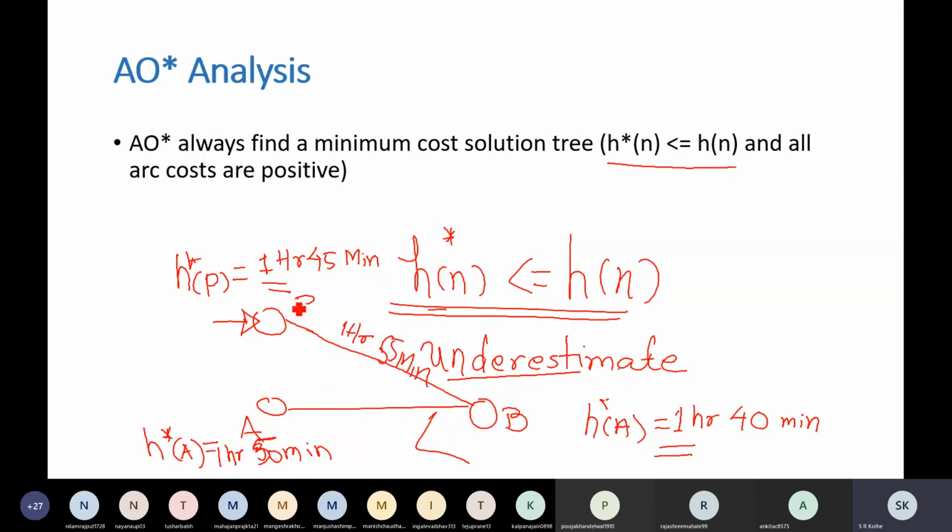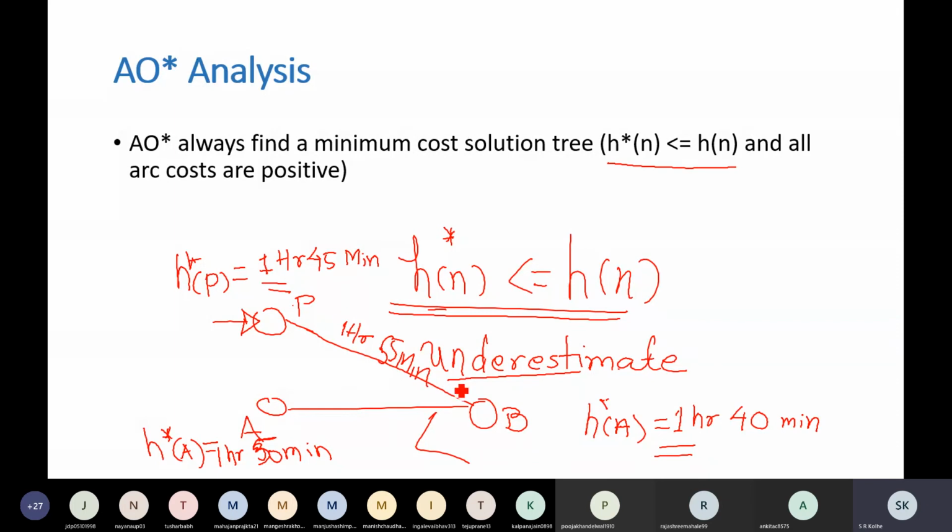The algorithm has selected node P because its estimated cost was less than this. But the actual cost to reach node B is 1 hour 55 minutes, the Hn value.